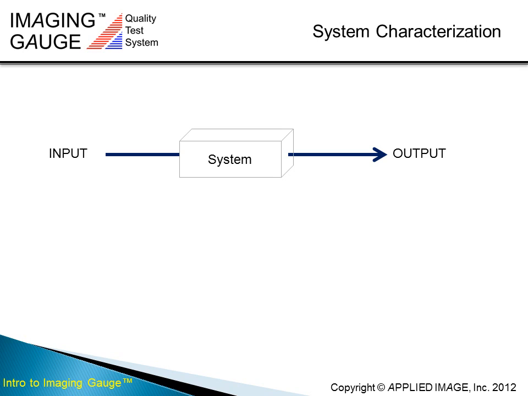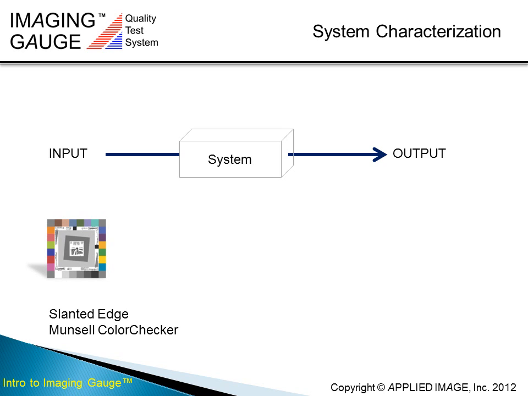Basically what we're doing is characterizing the system by giving it a known input and measuring the output to characterize what the system did to the input.